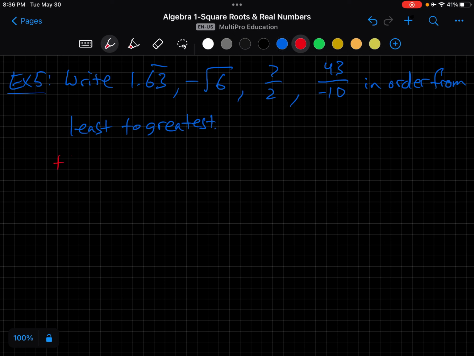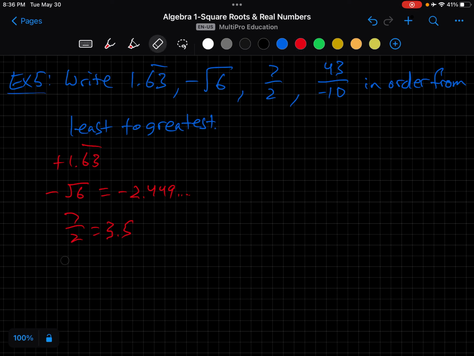Okay, so we have a positive 1.63 repeating. Okay, we have a minus square root of 6. So we know minus is less than anything positive, and that's equal to minus 2.449 and a bunch of numbers. Alright, and we know that 7 over 2 is equal to 3.5, so we know that that is greater than 1 point something, and of course bigger than anything negative because it's positive.